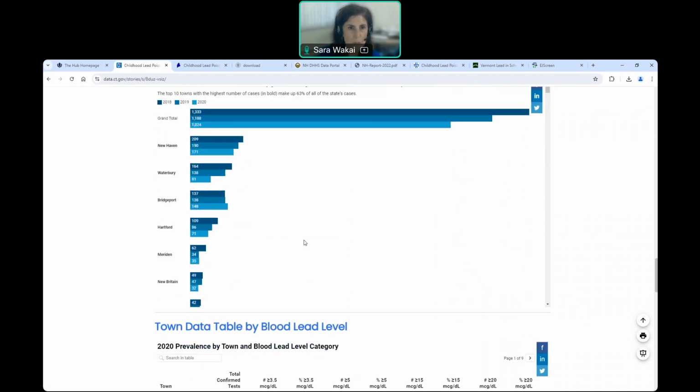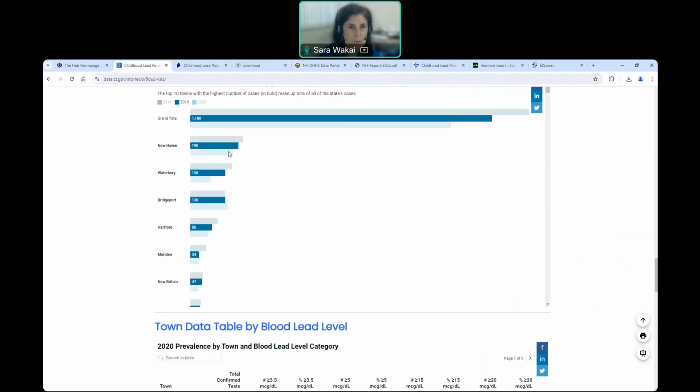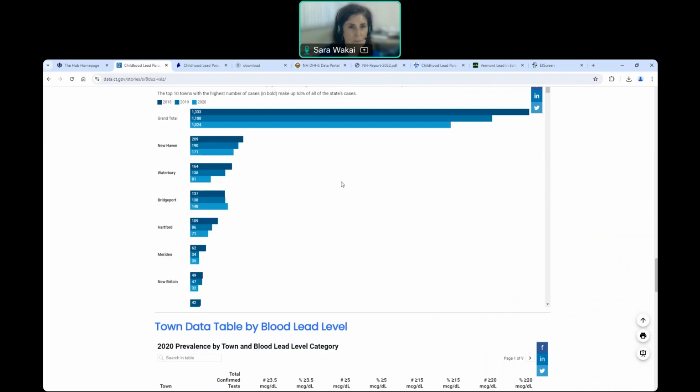In most cases, but not all, you'll see over the years from 2018, 2019, and 2020, there is a reduction of the number of cases. However, there are exceptions, for example, here in Bridgeport, which went up in 2020.